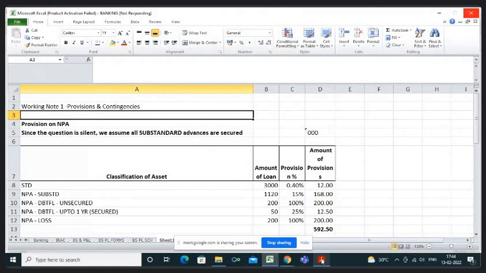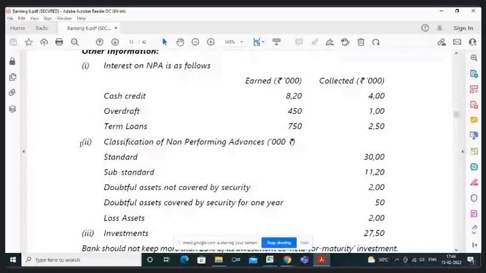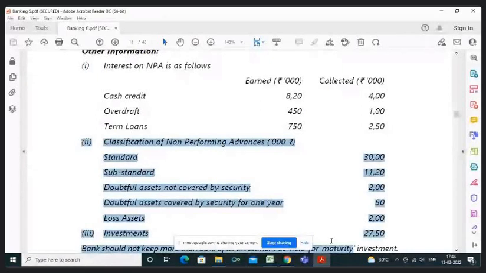So now these two adjustments we have made in a working note. This one we will do in the schedules itself.